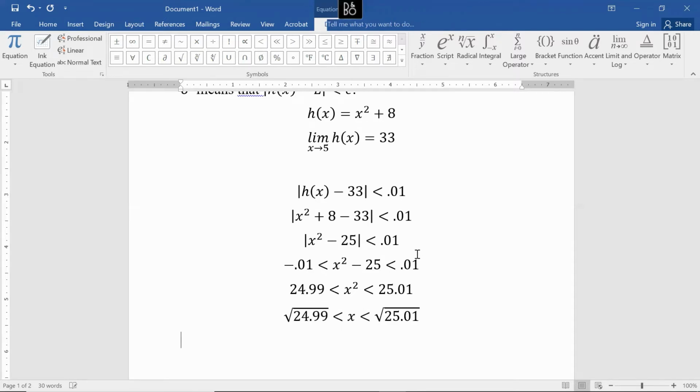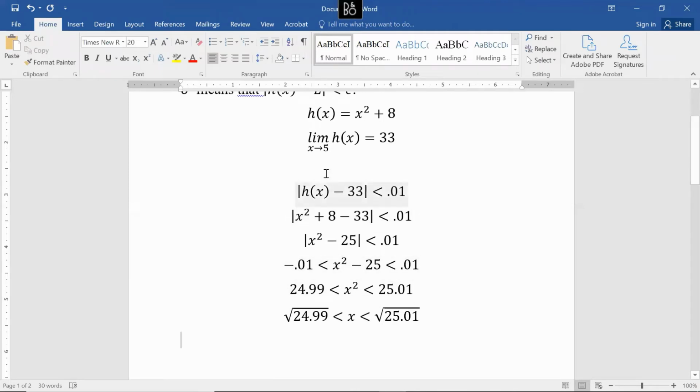And again, if we were trying to get x to be negative 5 here, we would have done the exact same thing, but my signs flip when I take the negative square root of both sides.